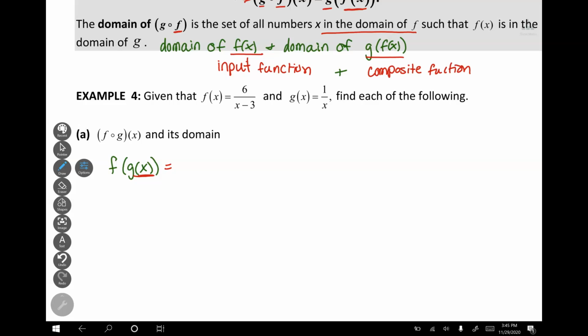Well, here's the function f. F of x equals 6 over x minus 3, but instead of writing x in the denominator, I need to write g of x.